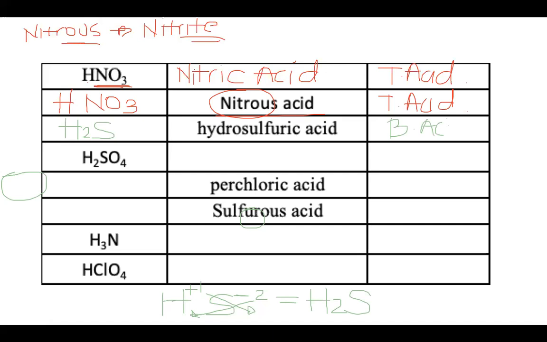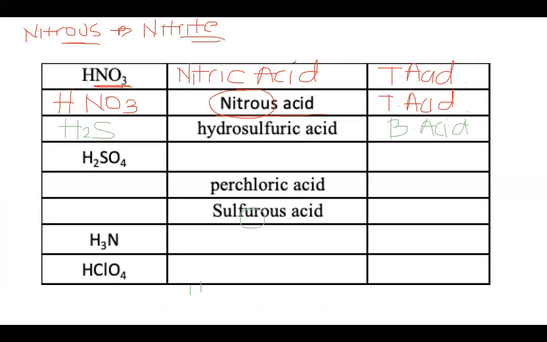This procedure of crossing charges should be done in all the compounds in order to check that the sum of the charges is 0, okay? If it is not 0, we have to cross charges in order to do it. Let's see the next example. We have H2SO4. I know for sure that it will be a tertiary acid.